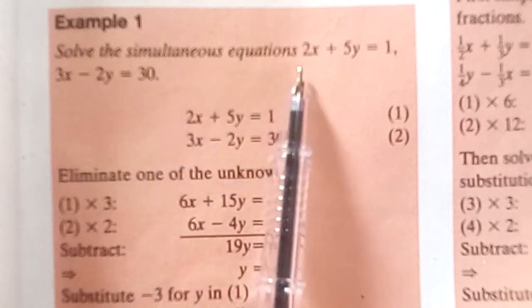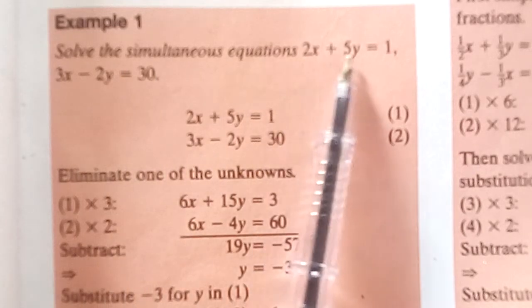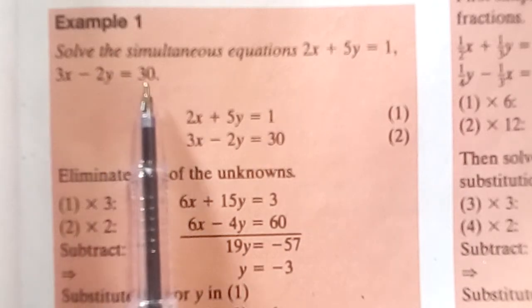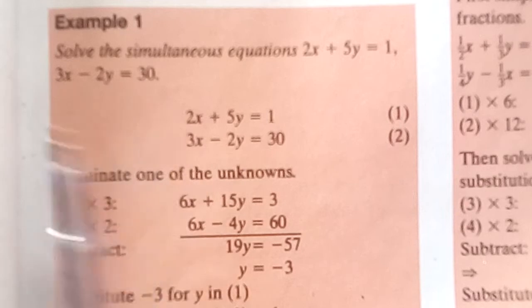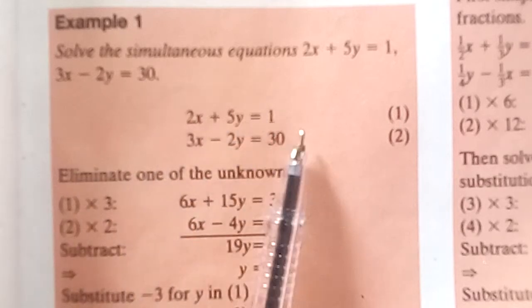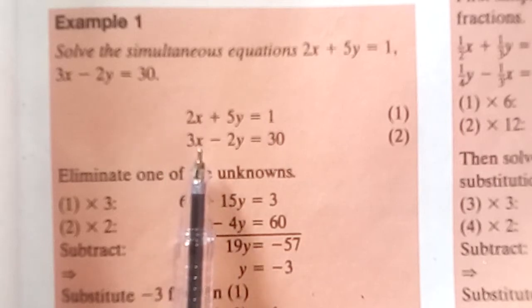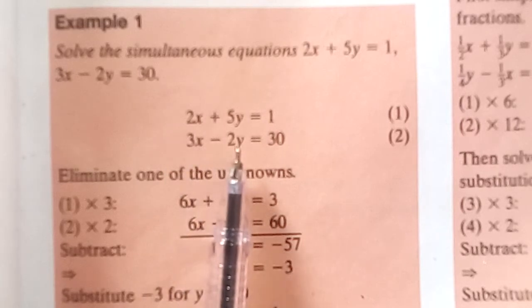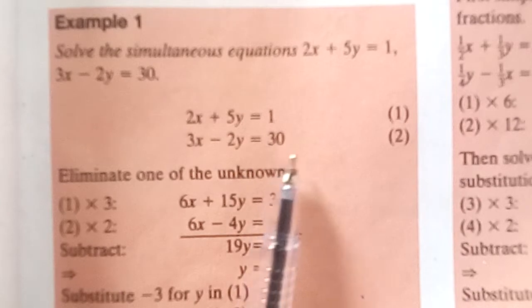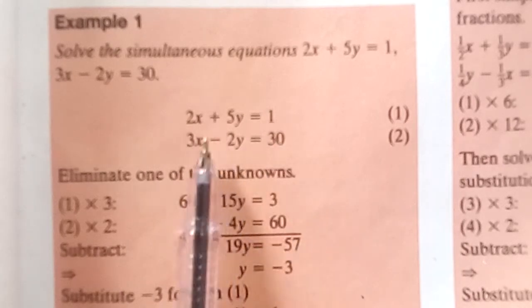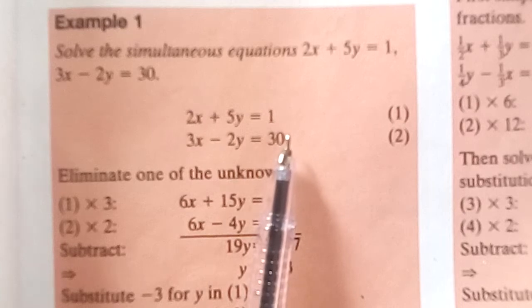Solve the simultaneous equation 2x plus 5y equals 1, 3x minus 2y equals 30. Now this is the first equation, 2x plus 5y equals 1. The second equation, 3x minus 2y equals 30, equation 2. Here we are going to use elimination method.